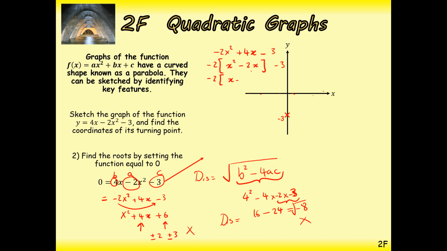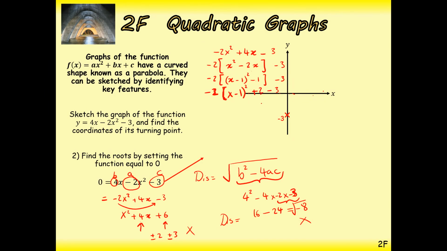I'm going to divide that 2 by 2, so I'll have a 1, and I'll subtract 1. So when I drop the square bracket, I'll have x minus 1 squared, and this minus 2 multiplies by this minus 1, and I will get a plus 2.